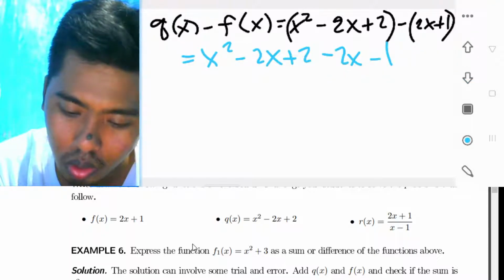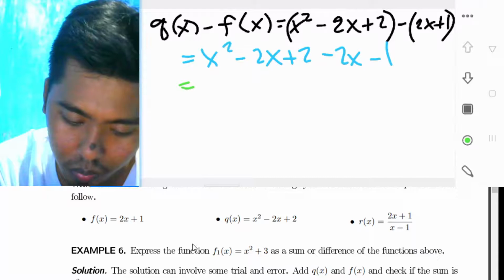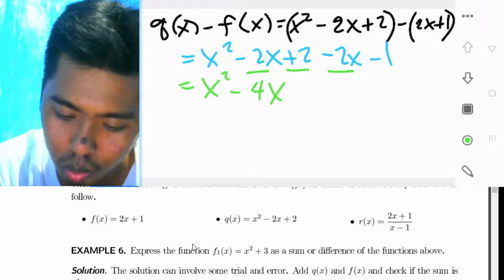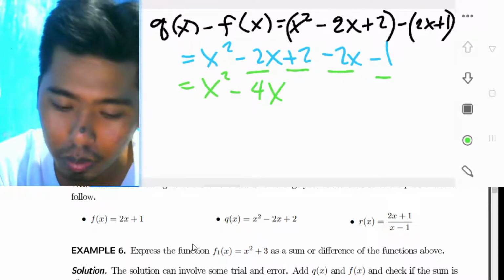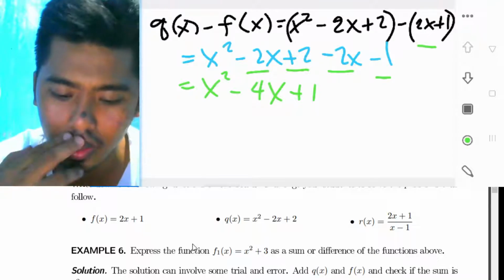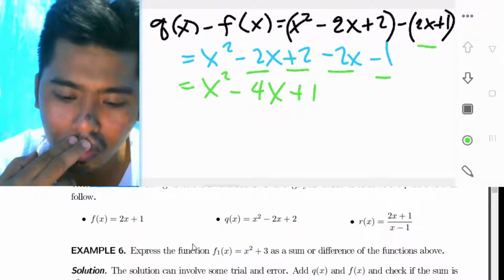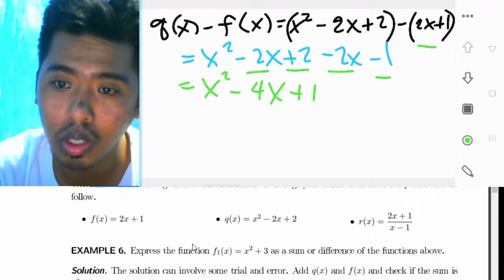Next, adding like terms, this is negative 2x, so negative 4x, and this is negative 1, so therefore this is gonna be a positive 1, since it's 2x plus 1. Yes, this would be a difference.